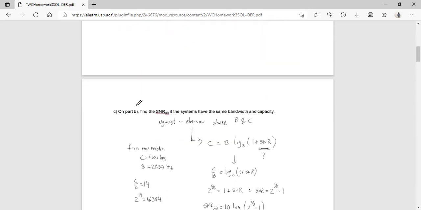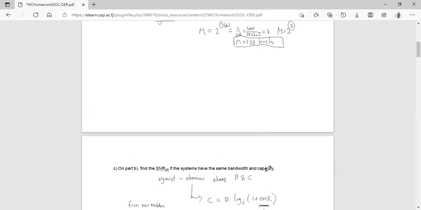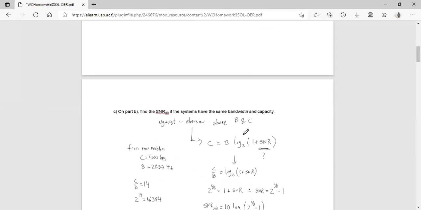All right. Moving on to part C of this particular question. On part B, find the SNR, if the systems have the same bandwidth and capacity, right? Same bandwidth and same capacity, we just need to find our SNR. So the SNR is basically used in our Shannon's theorem, isn't it?